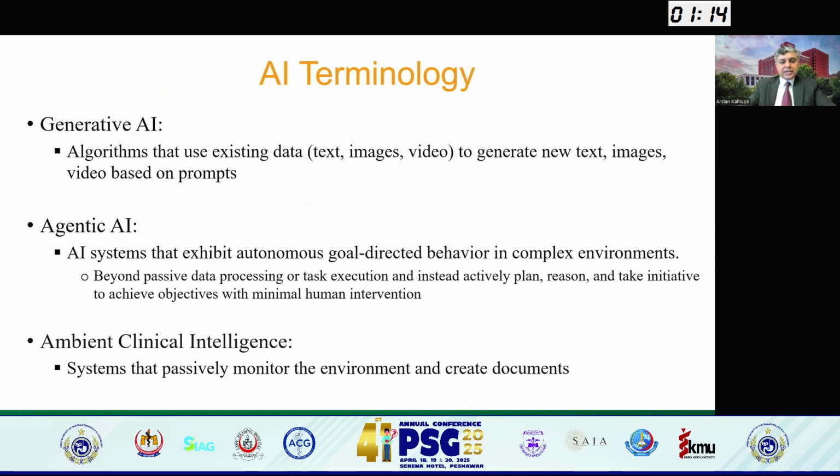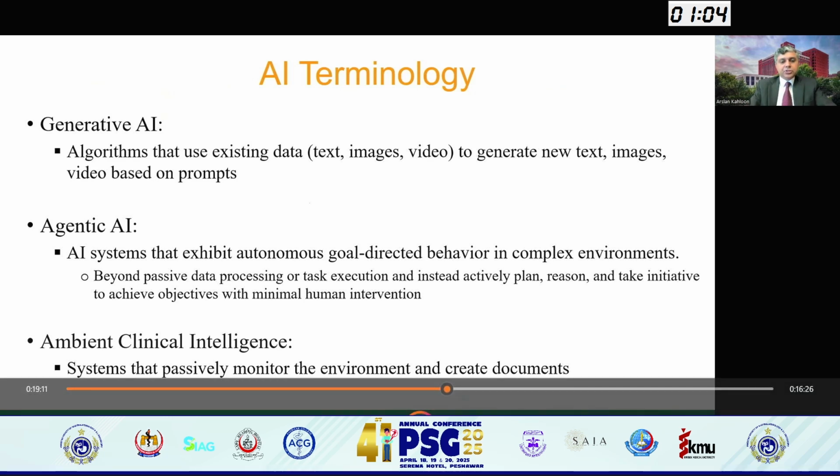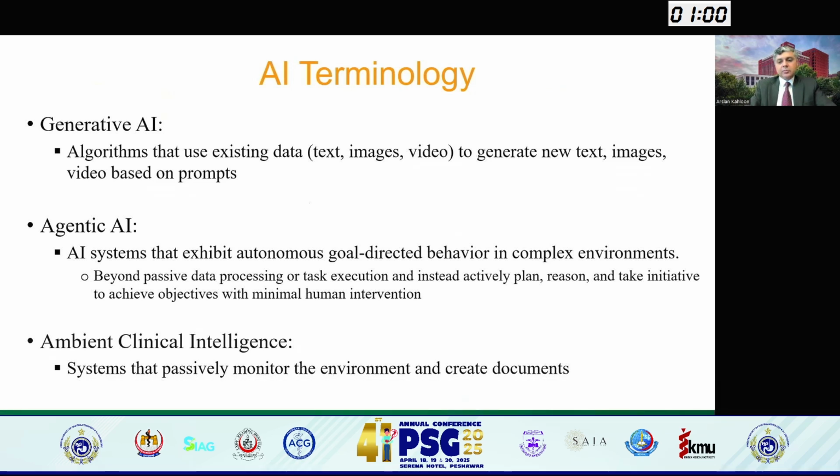And then, we're also getting into the space of ambient clinical intelligence, where the data is being collected in a very passive fashion that is happening around you. The systems passively monitor everything that is going on in the environment, and then are able to create documents that would actually help you get better outcomes for our patients. It can scan large computer databases and generate reports and spreadsheets that would tell you about some high risk conditions in certain patients.